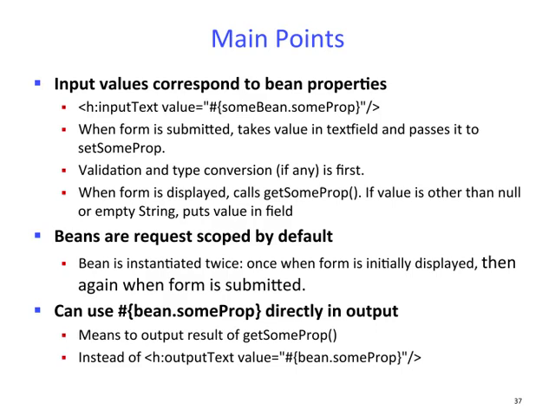And we can use the bean and then some property directly in the output. So instead of populating the output text, we can have the output text box and get someProperty values into the output text box. So either of the two could be used to show the output value.